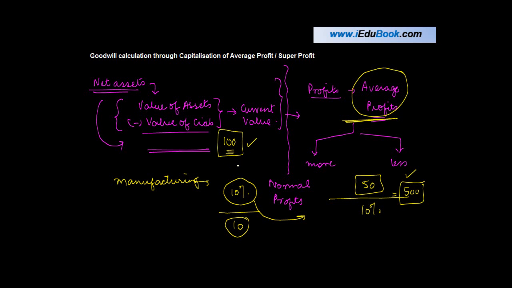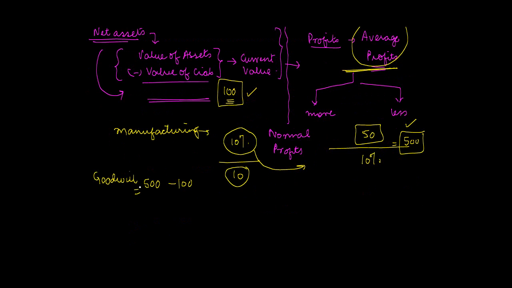So we assume that the difference, or these extra profits which are earned, are owing to the fact that the asset which should have been, vis-a-vis the asset which are there, the difference is nothing but the goodwill, right? Now just to cut this a little short, goodwill is to be calculated.